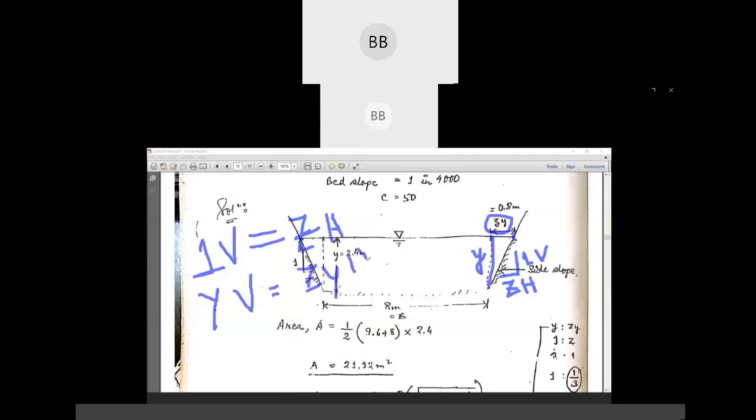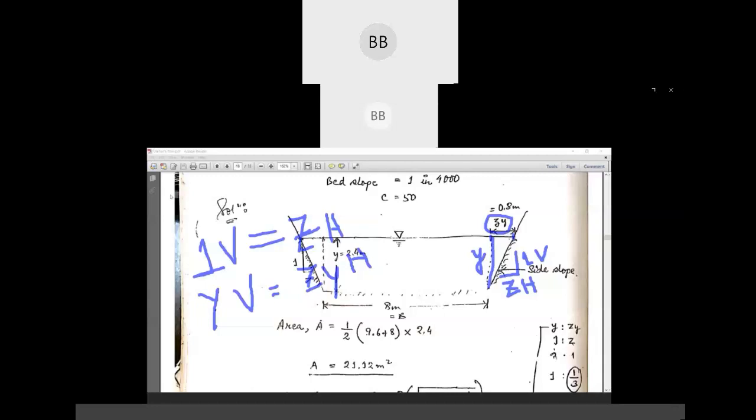Okay, understood? So zy horizontal. Okay, so this is the reason why they have directly written it's zy. Okay, if you consider this slope is 1 is to z, that is one vertical is to z horizontal, then this portion will be your zy.